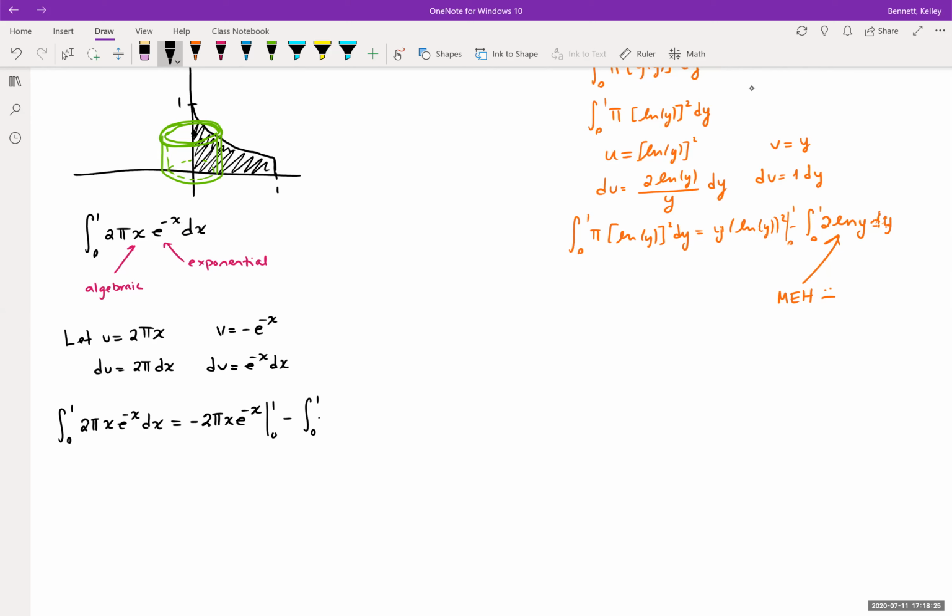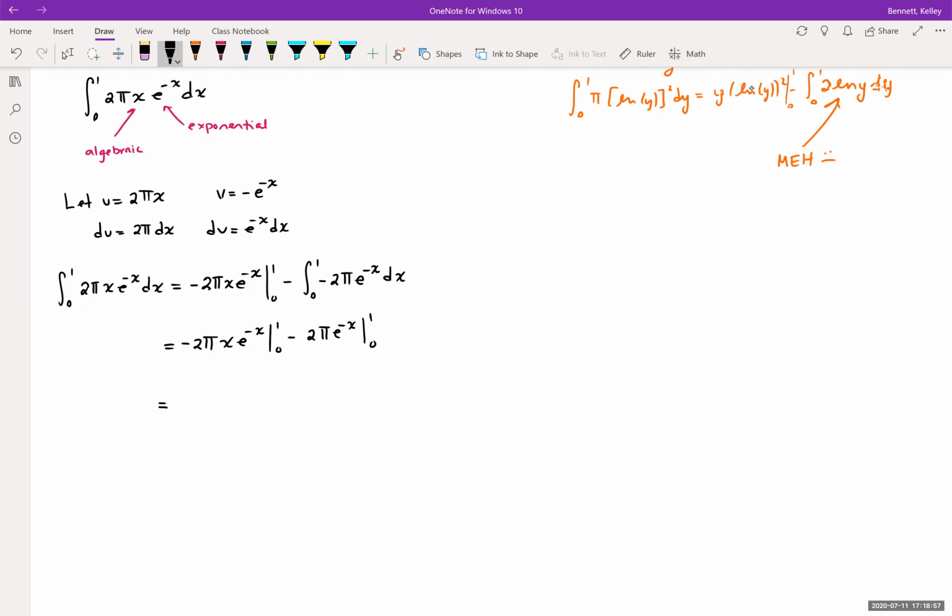So this is going to be negative 2 pi e to the negative x dx. I'm not going to bother with canceling out that double negative because, you'll see when we integrate, it takes care of itself. So I get negative 2 pi x e to the negative x, evaluating from 0 to 1, minus 2 pi e to the negative x from 0 to 1.